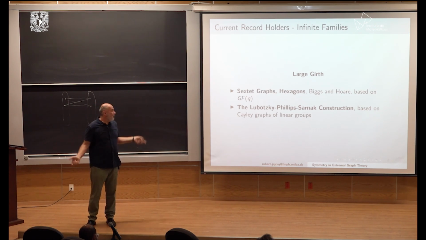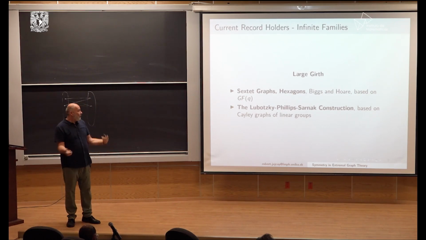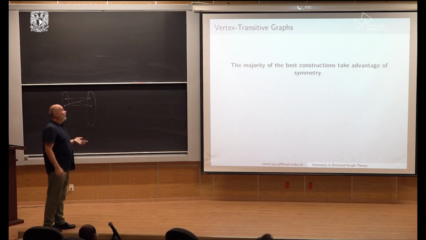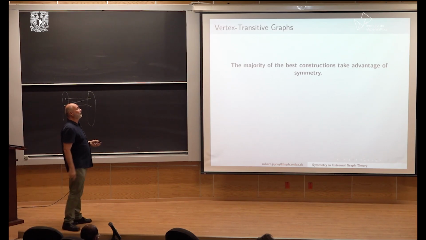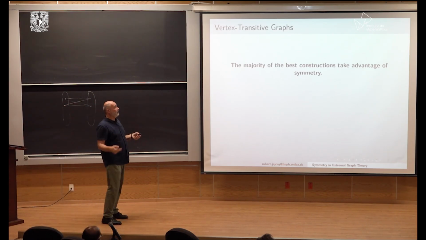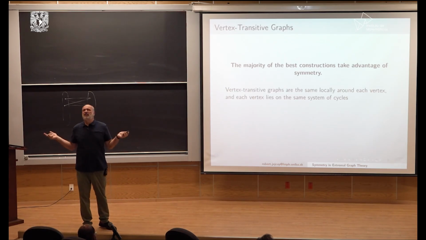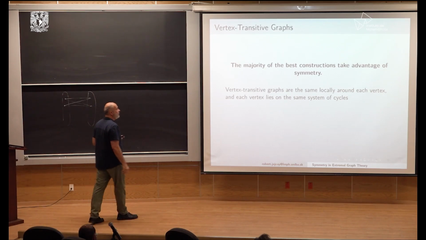I'm not going to go into this, but these are some of the best constructions, and they are all algebra-based and highly symmetric. So at this point, when you look at the tables, the majority of the best constructions take advantage of symmetry. That's just a statement based on visiting the tables.